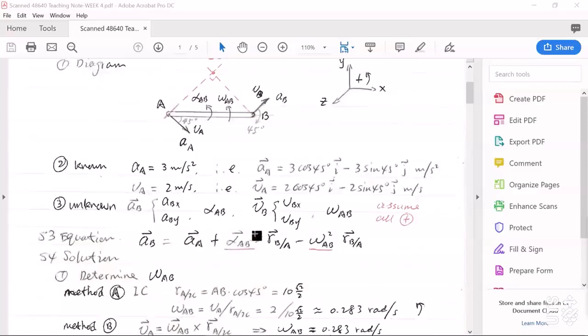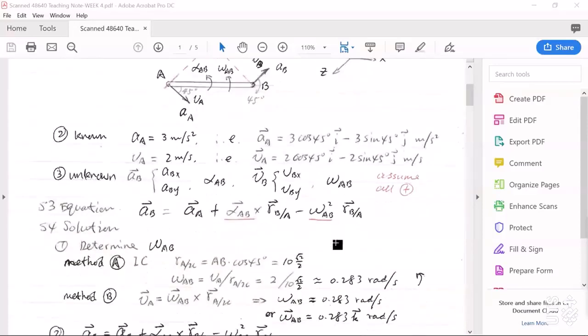In this equation, we have alpha AB, which at this moment is unknown. We also have omega AB, which at this moment is also unknown.